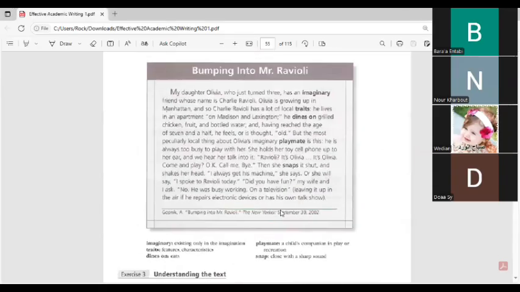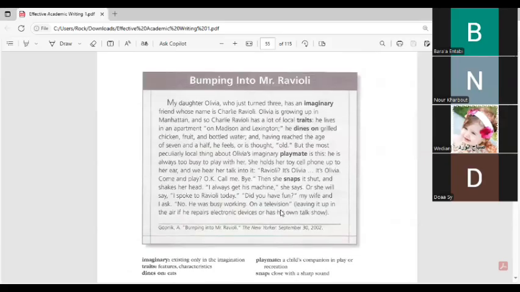Okay, let's move now to this paragraph. Bumping into Mr. Ravioli, sorry. Bumping into actually means that when you meet somebody who you know, but you are not expecting to see him or her. Bumping into somebody is a phrasal verb.